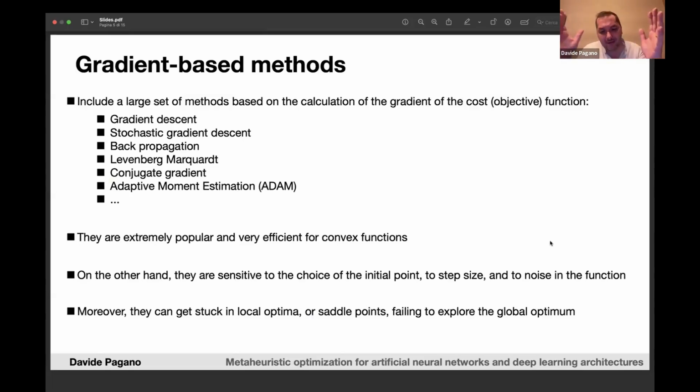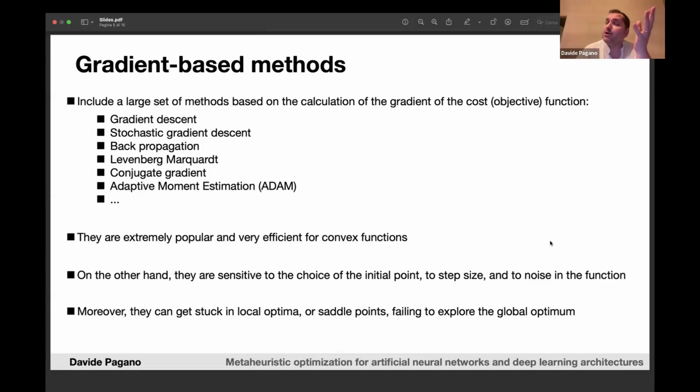On the other side of the spectrum of optimization algorithms, we have traditional techniques based on the calculation of the gradient of the objective function. This list is long, and I just reported some of the most popular algorithms, such as gradient descent, backpropagation, Adam, conjugate gradient.